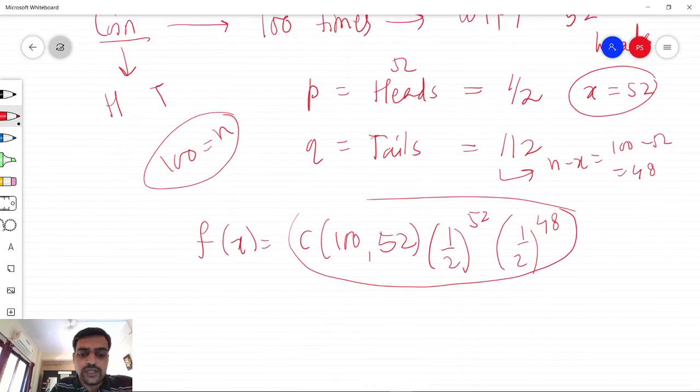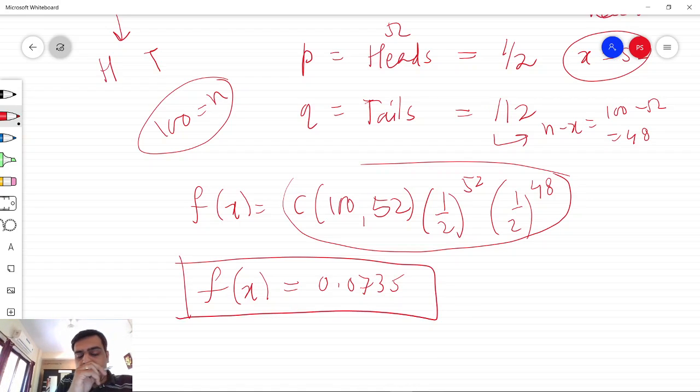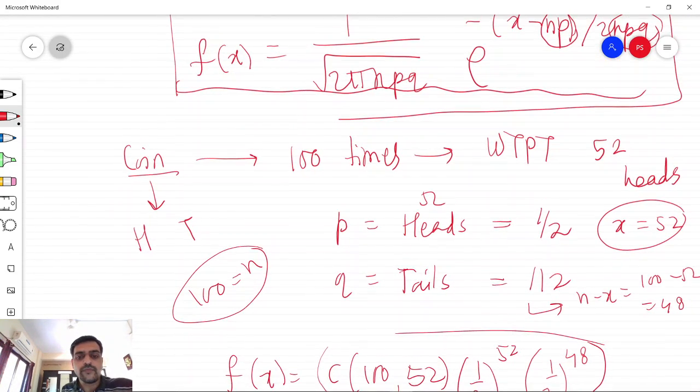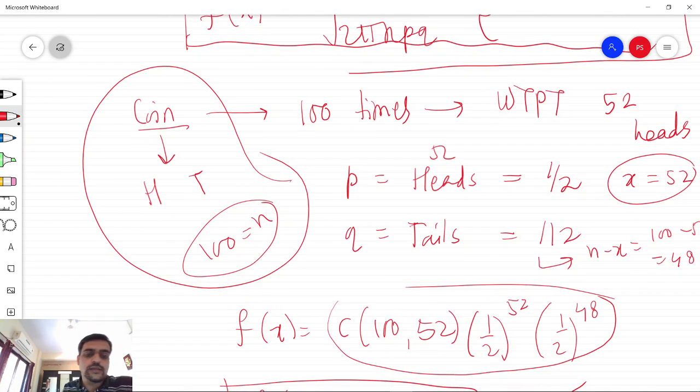And if we solve this using a computer, we get the value of f of x to be equal to 0.0735. Right. So this value of the probability is calculated using the binomial distribution, because the problem contains the case of tossing a coin which has only two possible outcomes, head and tail.